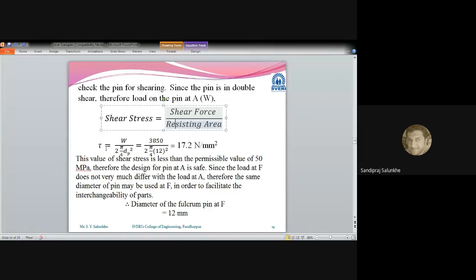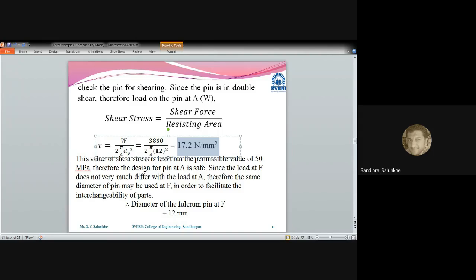As stress is equal to force divided by area, here I have multiplied it by 2. Why? Because the area which is resisting is two times, shearing is taking place, and these two areas are resisting that shear by means of the same force. That's why 2.